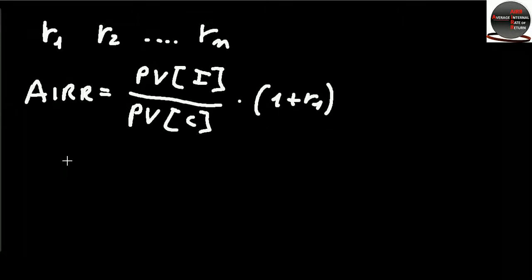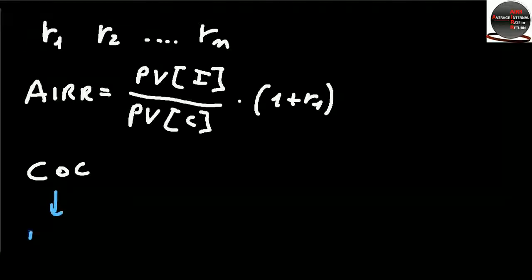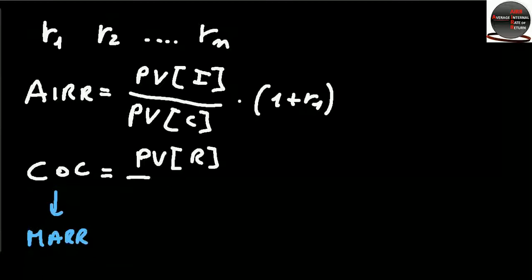And we also have seen that we can compute the overall cost of capital. We have also called it minimum attractive rate of return in the same way, but we replace the project's income with the market returns that would be earned if the same capital amounts were invested in the market.